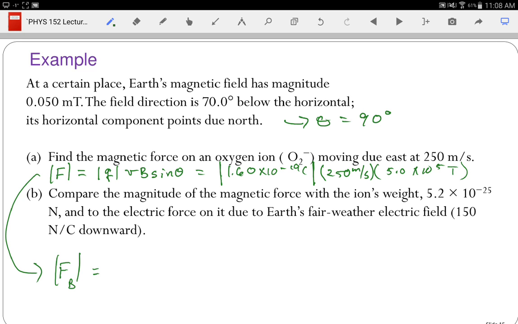Oh, yes, 10 to the minus 5. Thank you. Okay, 2.0 times 10 to the minus 21 newtons is what my esteemed student tells me is the magnitude of the force. Now, as far as the direction goes, what direction is that force?